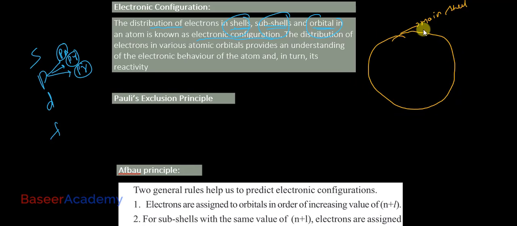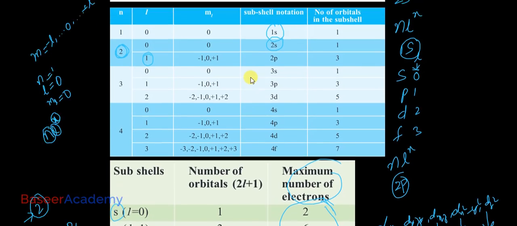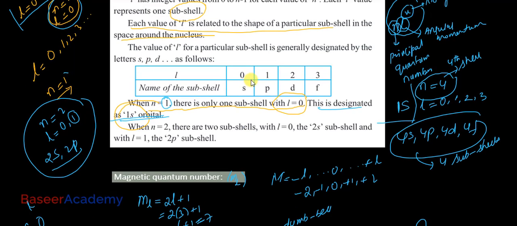The second shell can have 2 subshells. The third shell can have 3 subshells. The fourth shell can have 4 subshells. We have already seen this earlier, right?